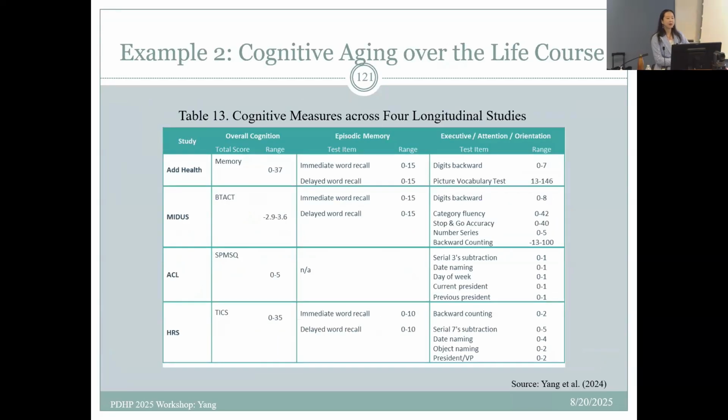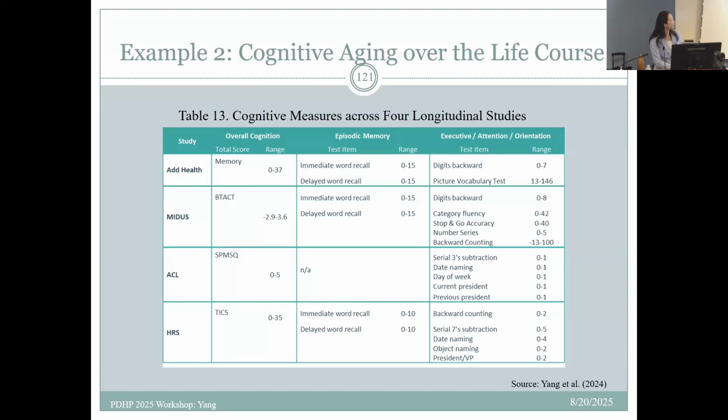The second example is a little messier because of the very different measures across studies that we're interested in to look at cognitive function. So across the 4 studies, all of them have some sort of overall cognitive assessments using different scores that encompass 2 domains.